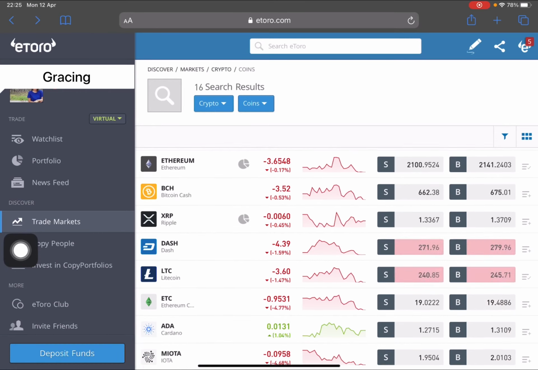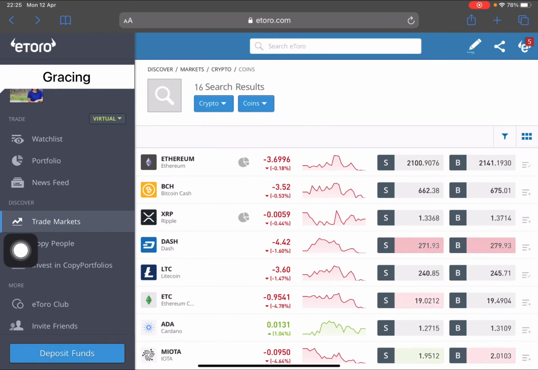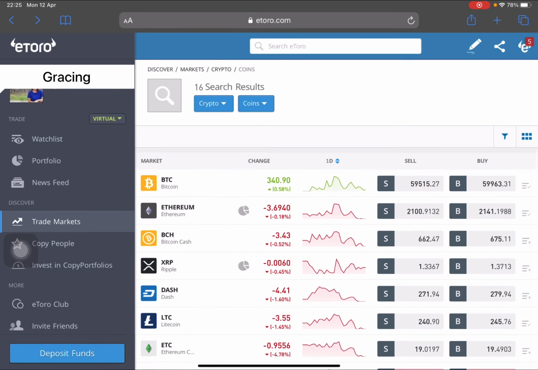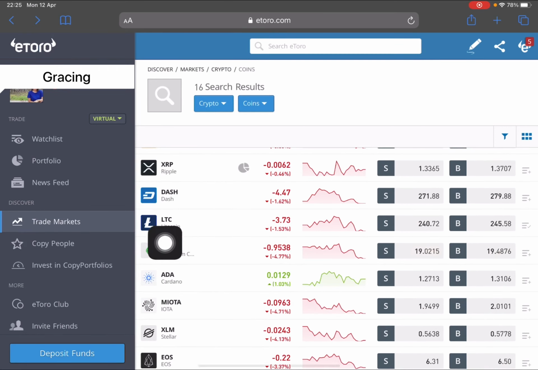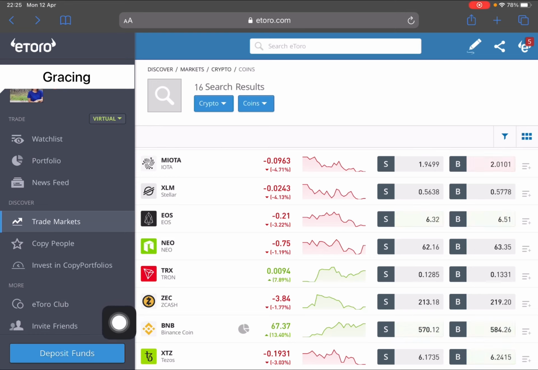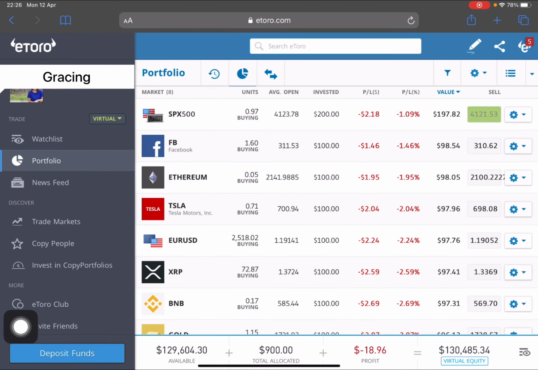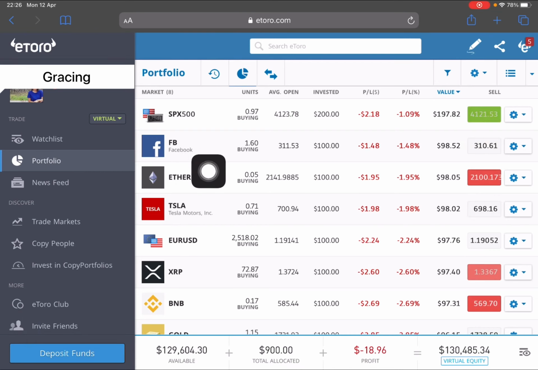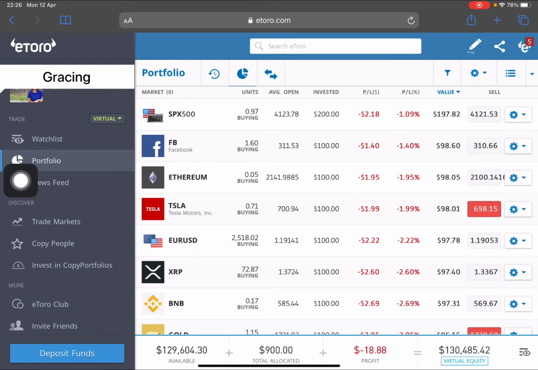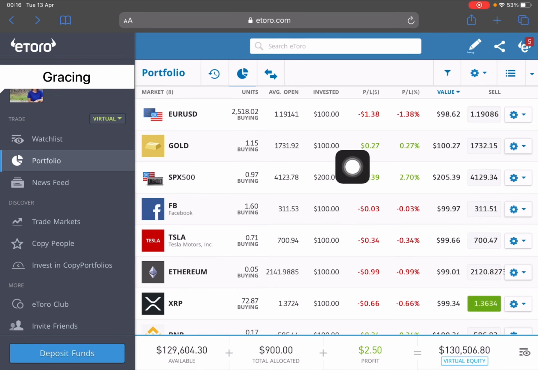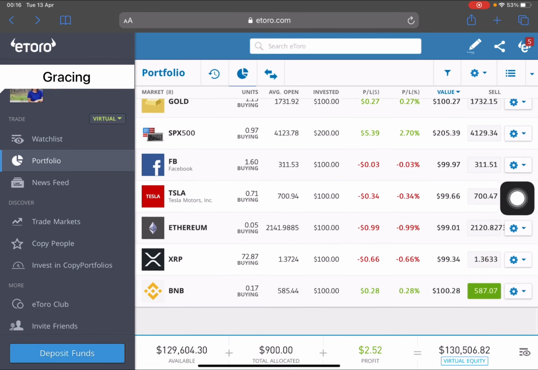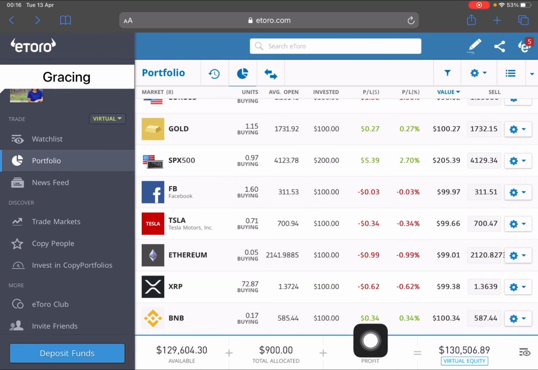But if you want, the most common and active coins here are BTC, Ethereum, XRP, Litecoin, and everyone is going crazy with BNB this time. So you can accumulate this, guys. I would suggest you start accumulating coins because this is the future of the currency. Now we have some profits here from gold, SPX 500, and BNB, the Binance.